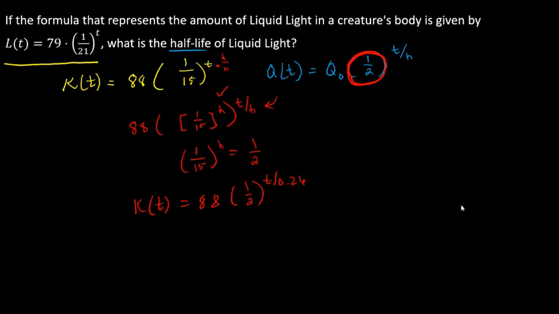Yes, alright. So note now that I have rearranged k of t so that it fits that format. I've got k of t equals 88 times the quantity 1/2 to the t divided by 0.26. My answer, what is the half-life? My answer here would simply be 0.26.